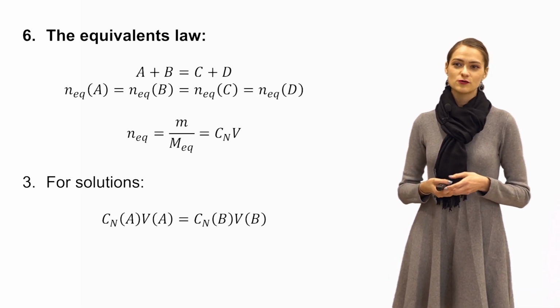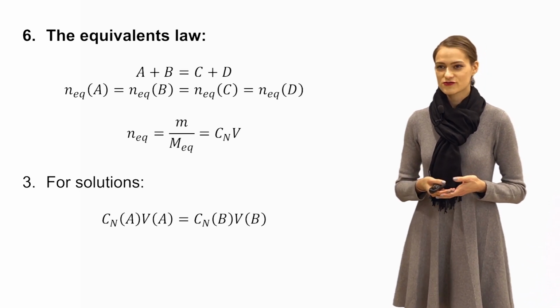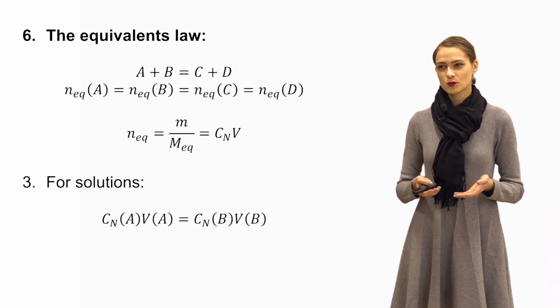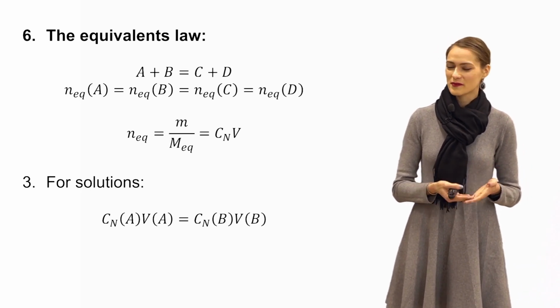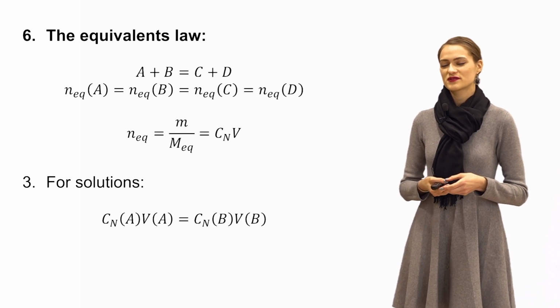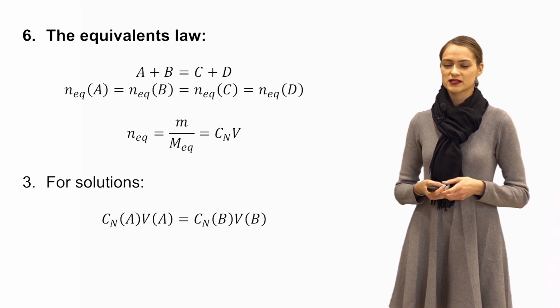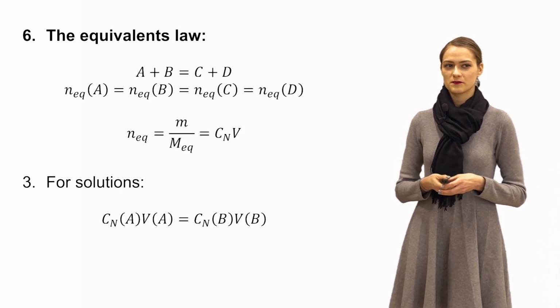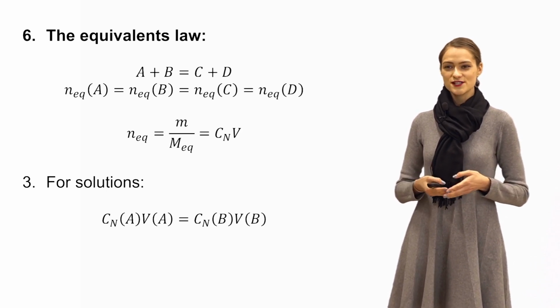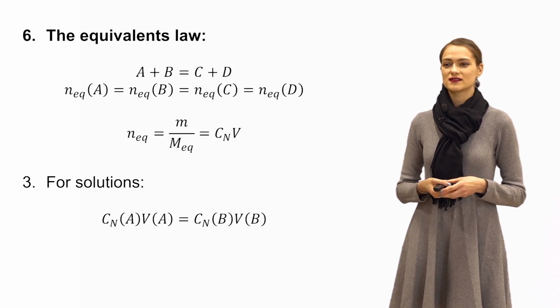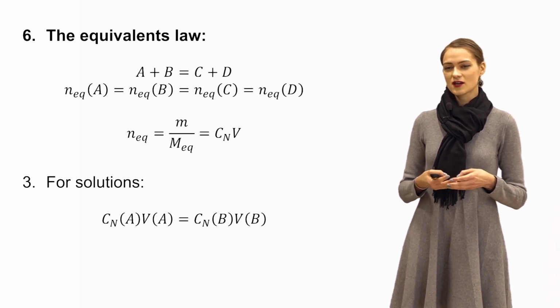But for a solution, we can use normal concentration and volume if we know them. If we don't know them, but we know the mass of the pure substance in solution which reacts with the metal, we can also use masses. So it depends on the situation and on the exact task, and we will see all these examples. Let's see some exercises where we use the law of equivalence.